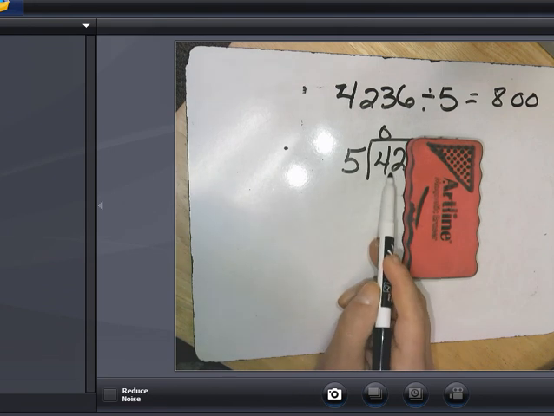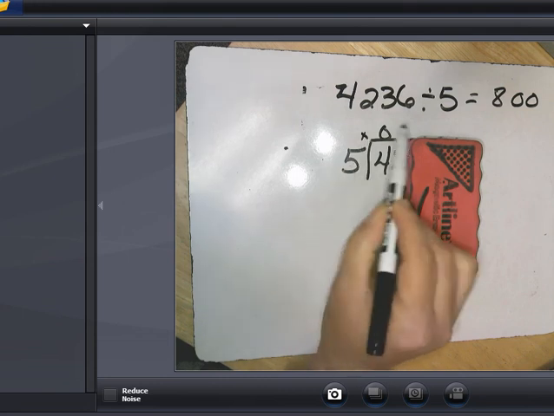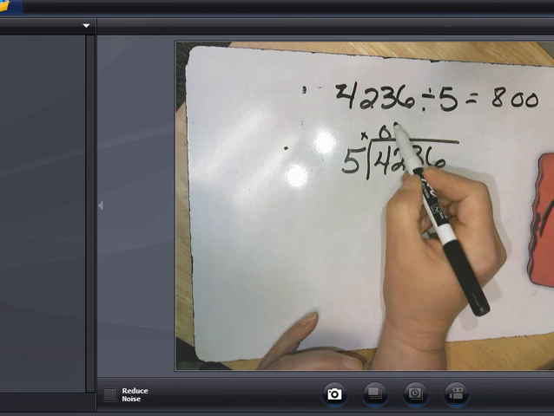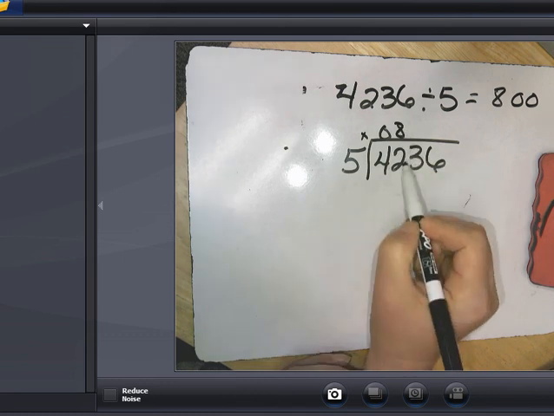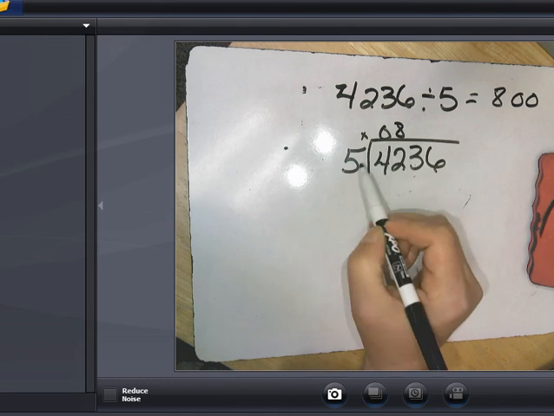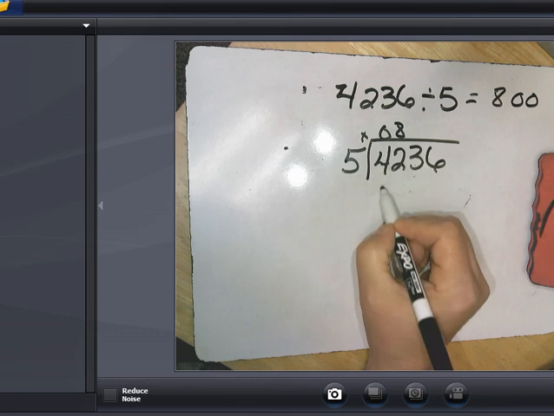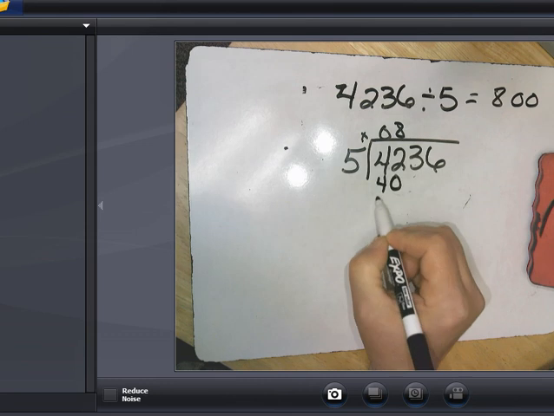If I'm dividing, I'm going to think the inverse. 5 times, I know it's 8. Now notice that goes right up above my 2 because I'm doing 42. Line up your numbers. So I multiplied. Now I'm going to subtract. 5 times 8 is 40. Subtract. I have 2 left over.